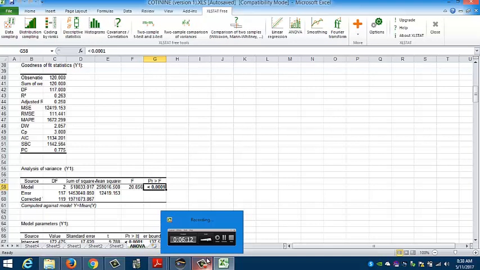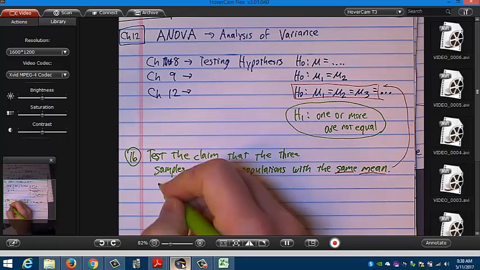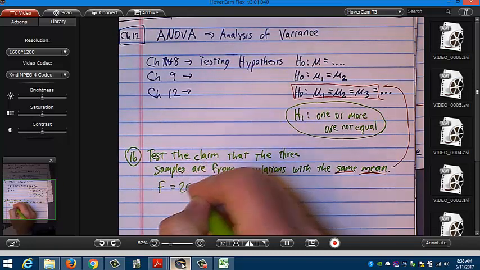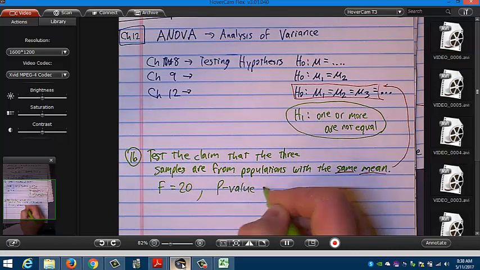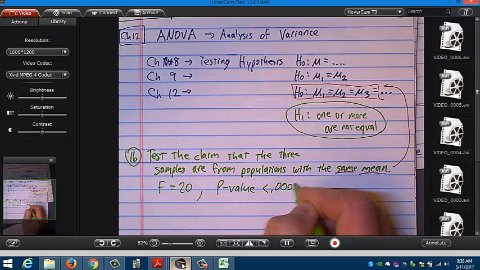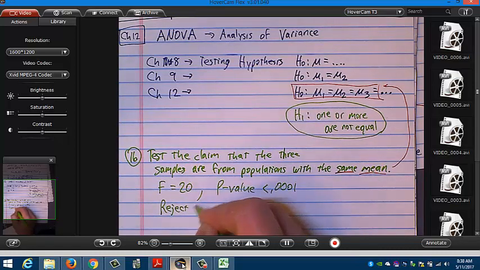So let me go to the paper again and write down exactly what I want to write. Okay? So again, we got F equals 20. The p-value is less than 0.0001. Okay? So we would reject H naught.